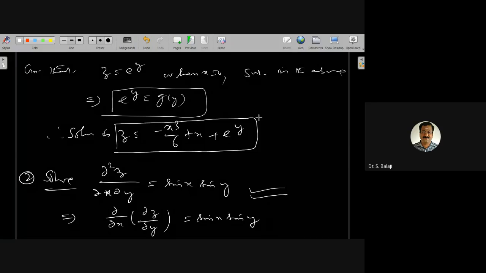Maybe f of y can be treated as g dash of y plus h of x. The integration of f of y is some other function, not g dash. It may be g of y plus h of x. Correct?